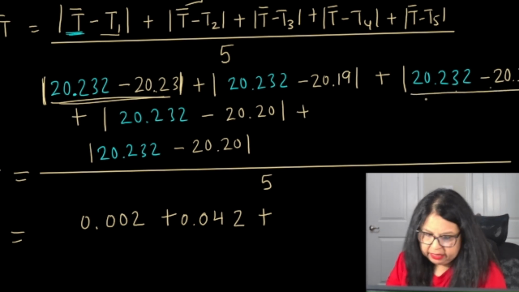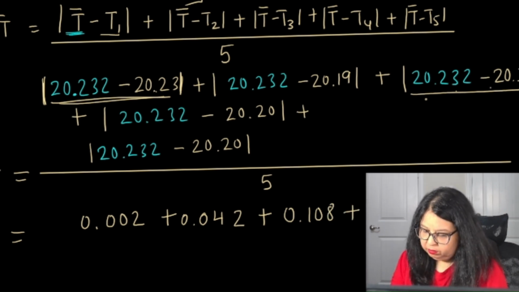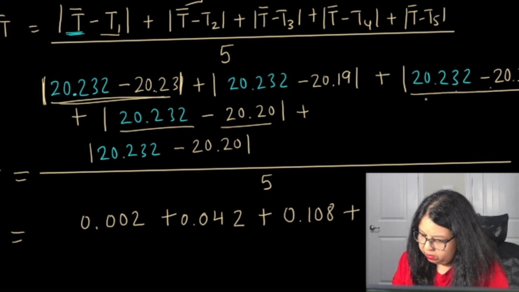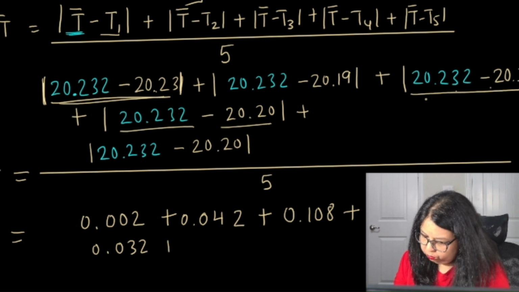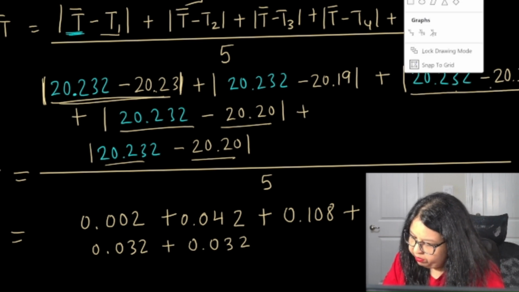The third term, it gives us 0.108 plus this fourth one. This is going to give us 0.032. And the last one is going to give us exactly the same thing again, 0.032. All of this will be divided by what?